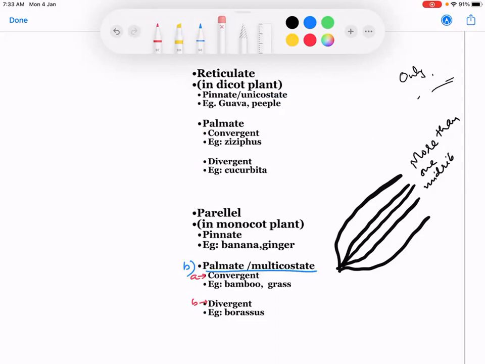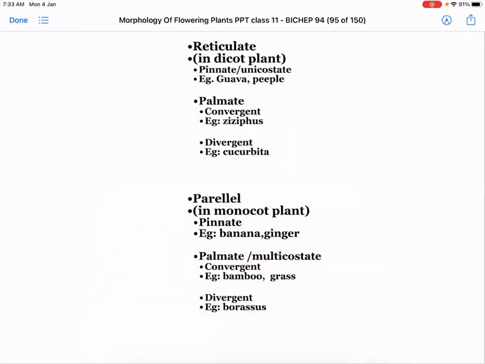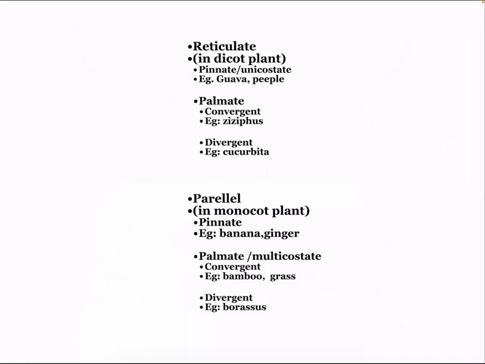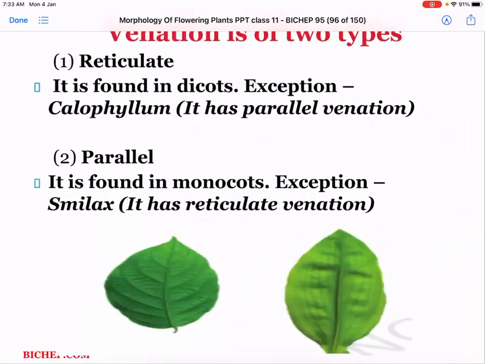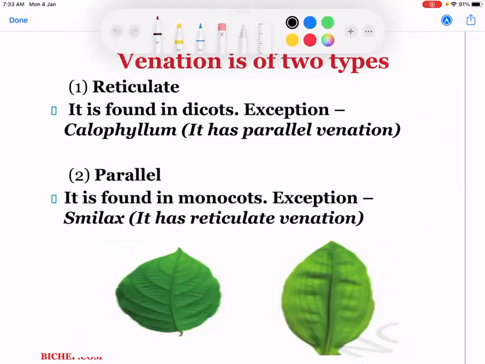Now we are going through each of the examples with all the diagrams. Please take the screenshot. Fine. This is the explanation given with examples. Venation, two types.